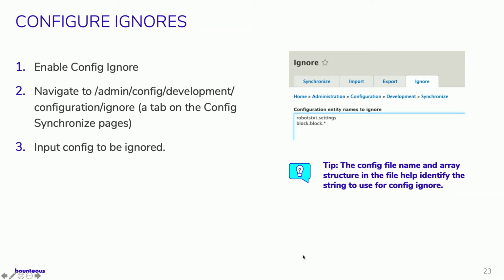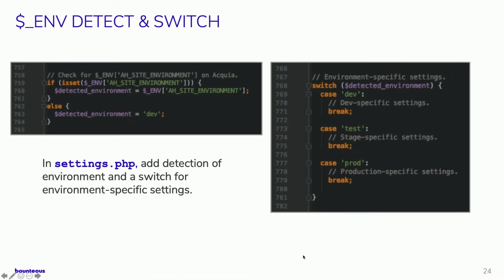So that's what you do for config ignore. And then adding in that environment detection switch. Again, here over on the left, we're assuming it's an Acquia environment, and so if this variable is set, my detected environment is set to that, so it'll be dev, stage, or prod, and then I have an else in here in case we're on our local or somewhere else, and we're just going to pump in that it's dev.